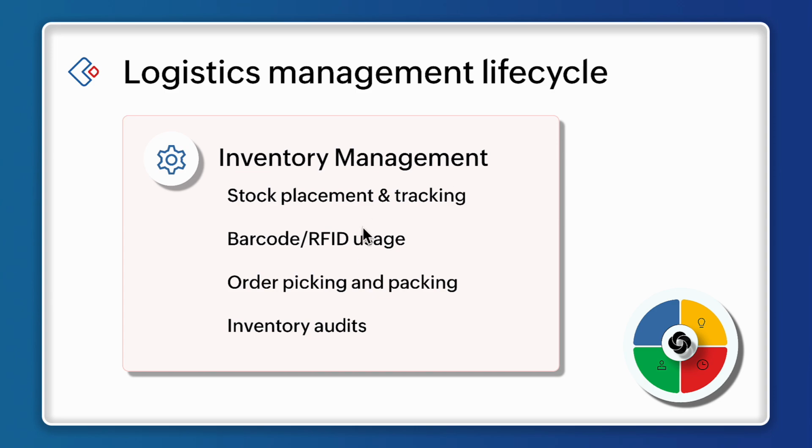So again, this is going to be an important stage in the logistic management, and this particular stage involves the stock placement and tracking, the barcode or RFID usage, order picking and packing, and the inventory audits.